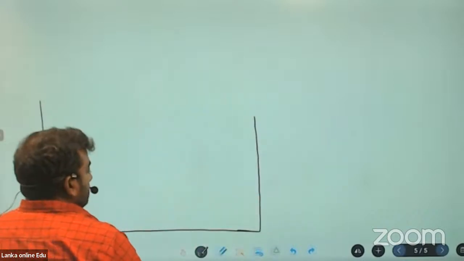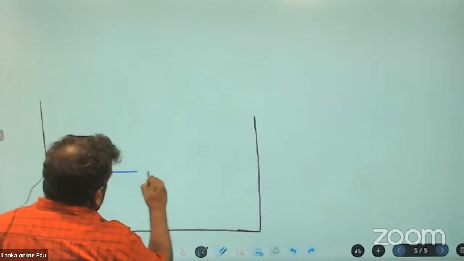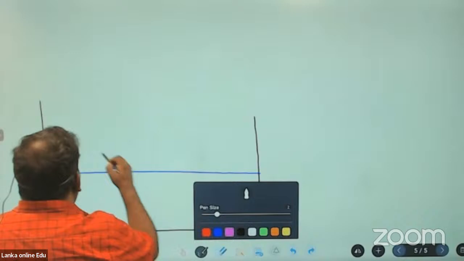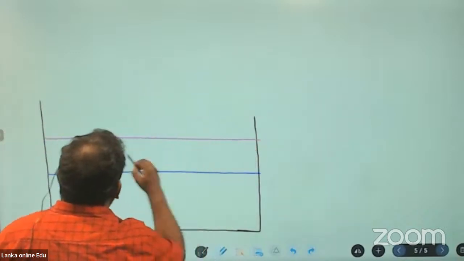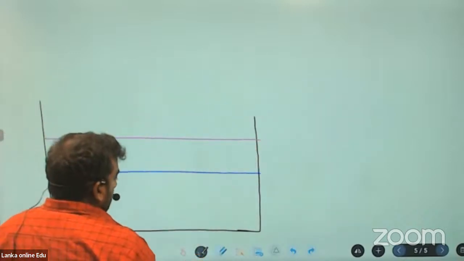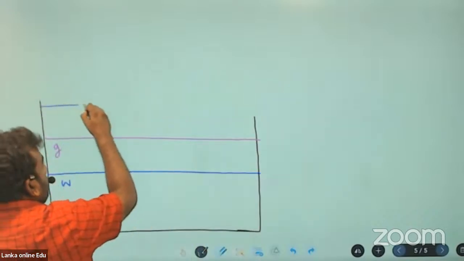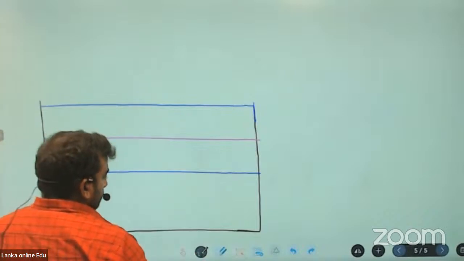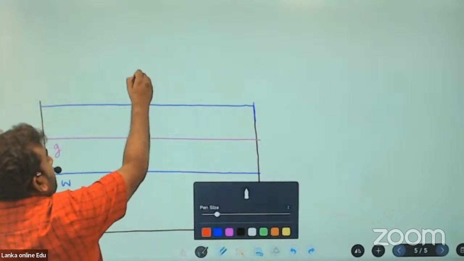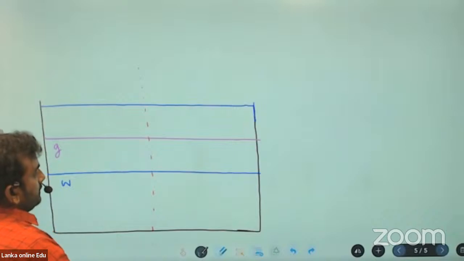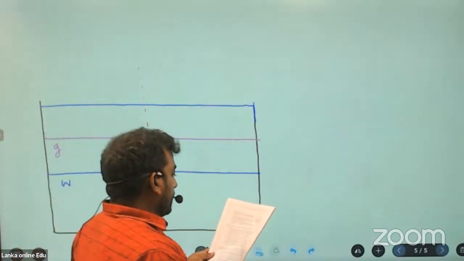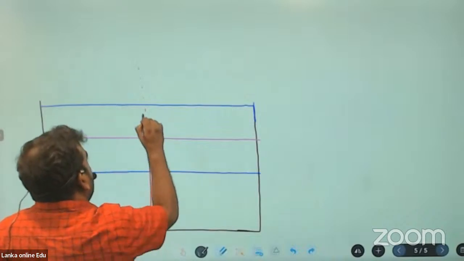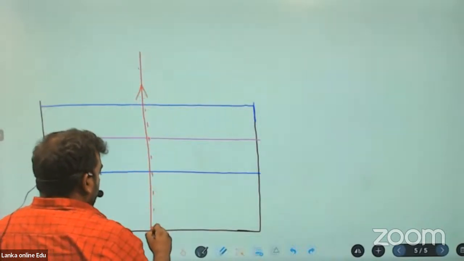Entire top surface. So here you have water. Here you have glass. Again, you're going to use water. Why? So it covers the entire circular patch, the entire top surface. Light rays go into air.